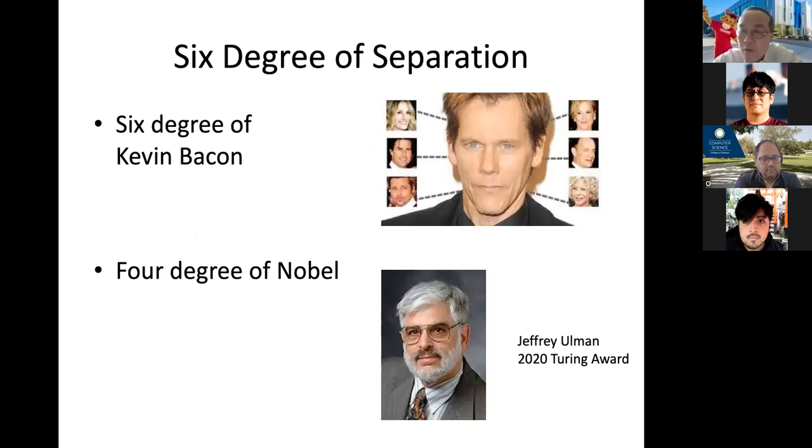As you all know, any two persons in this world, whether there are 6 billion or 8 billion people, are within 6 acquaintances of knowing each other. Isn't that fantastic? In the movie industry, they have the six degrees of Kevin Bacon. Hopefully I pronounce his last name correctly.